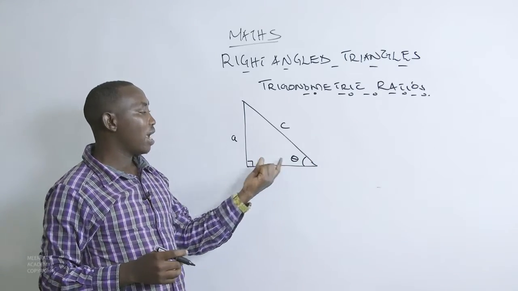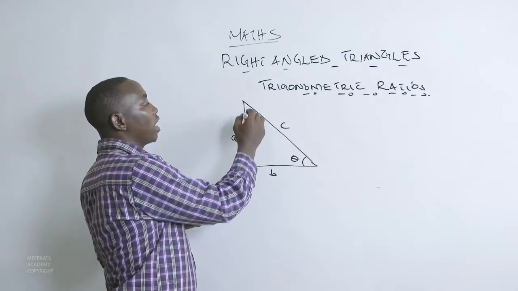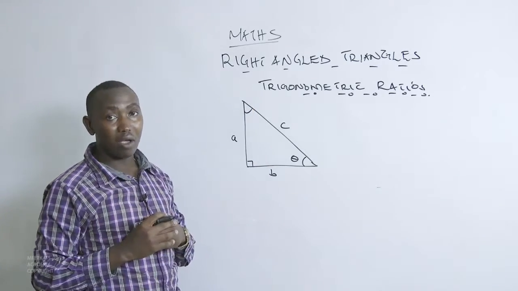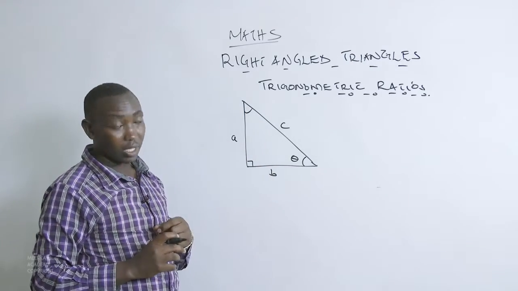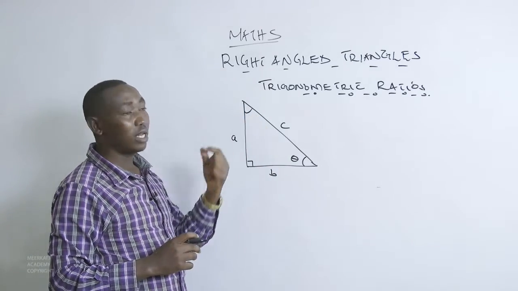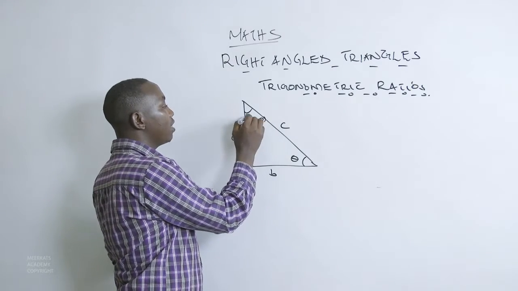If this is theta and this is 90 degrees, because it's a right angle triangle, we can also get that particular angle. This angle and this angle add up to 90 degrees. Therefore, to get this upper angle that you're not given, you take 90 and subtract the theta that you have been given.